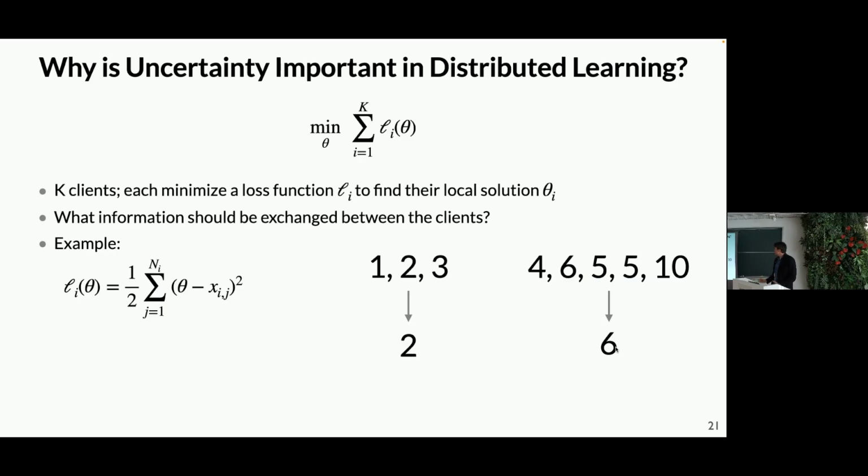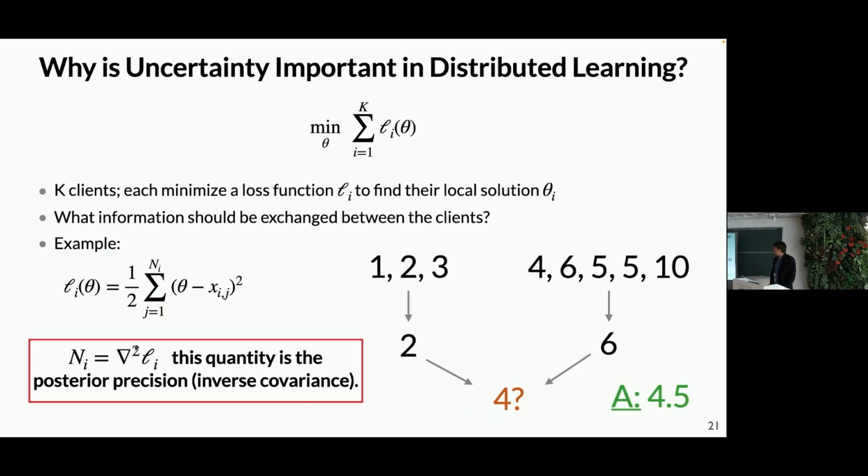And the question is, should these two clients simply exchange 2 and 6, and then the server averages the solution? So that would be 4. But if you compute the mean of all these numbers together, dividing by 9, you will actually get 4.5. So simply exchanging the mean and averaging it is actually a bad idea.